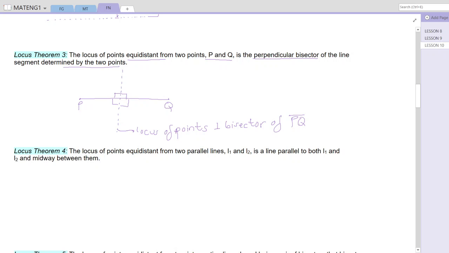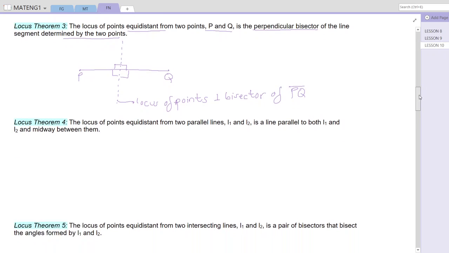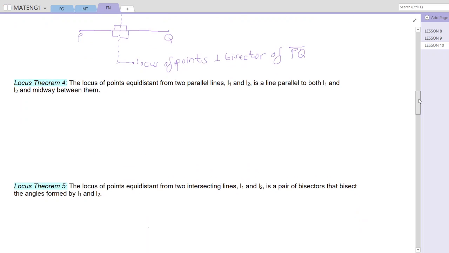So having that one, we have there locus theorem number 4. The locus of points equidistant from two parallel lines, L sub 1 and L sub 2, or line 1 and line 2, is a line parallel to both L1 and L2 and midway between them. So if we're going to draw two parallel lines, if that is L sub 1 and this is L sub 2, the locus of points is at its midway.